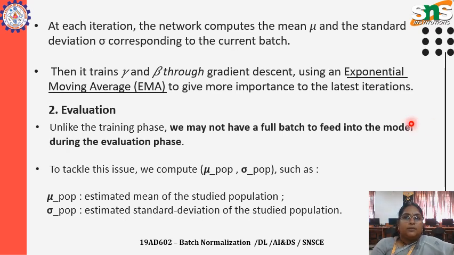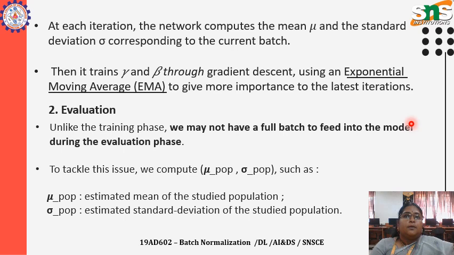So it means in each iteration, all four formulas I showed at the beginning of the slide are computed. It calculates the mean, mu value, sigma, the variance value, then z^(i), the normalized output, then z cap, the desired output.